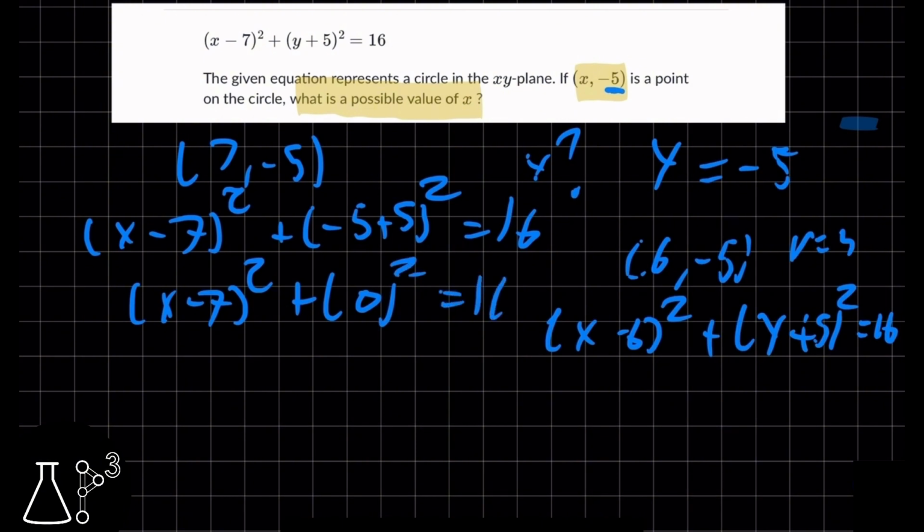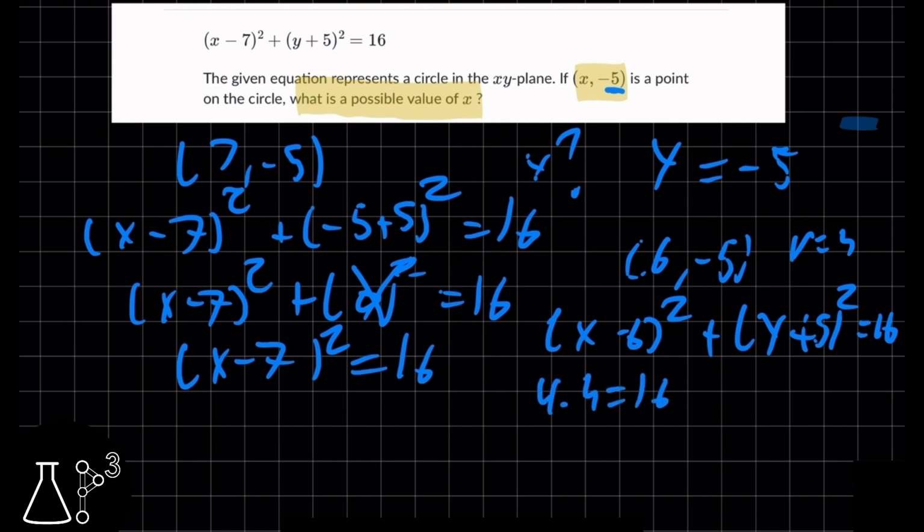and we still have 16. Because 0 squared is 0, we can cross this out, and we're left with (x minus 7) squared, which equals 16. So we can take the square root on both sides, because 4 times 4 equals 16, which shows that 16 is the square of two numbers that are the same.